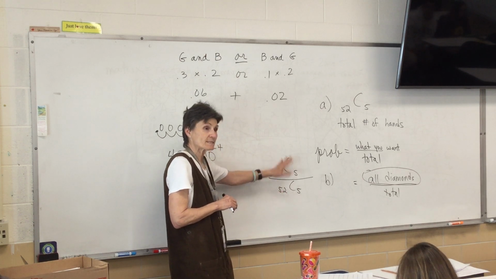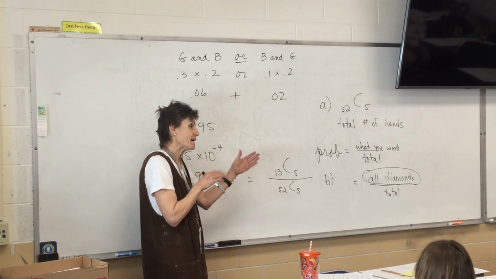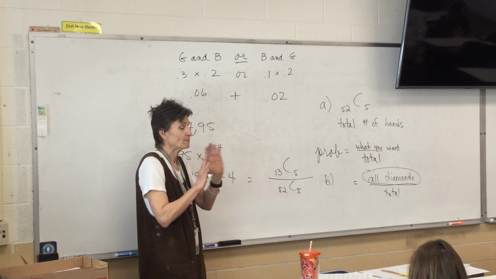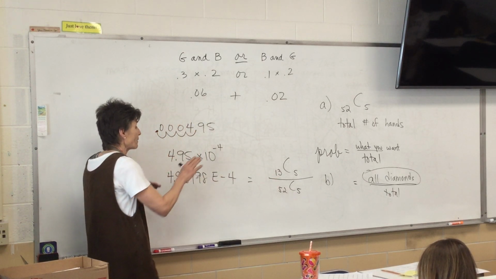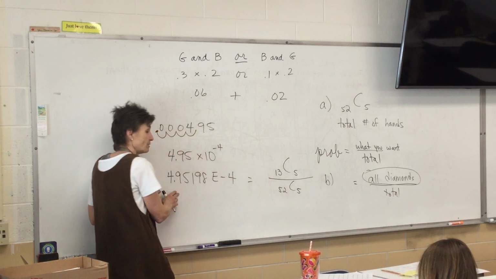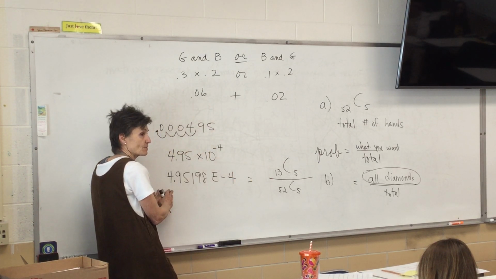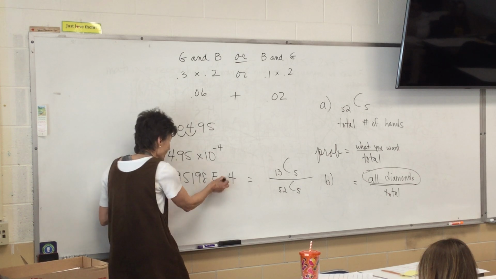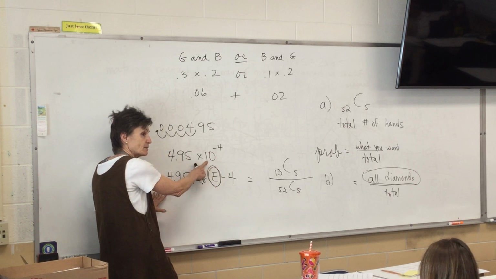All right, so we're okay with the setup. Now, this is one that I could do out by hand with factorials and all that, but it would take a long time because these are huge numbers. So I'm not going to do that. I'm going to type it straight into my calculator. I typed it in just like this, and I got this answer, and I have to recognize that when that E pops up, that means it's scientific notation.